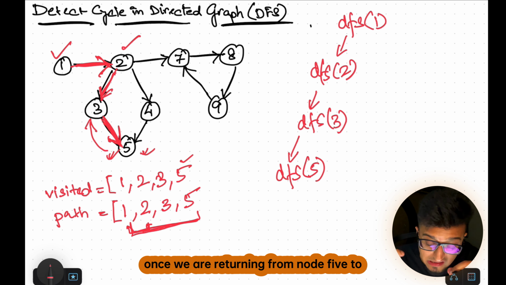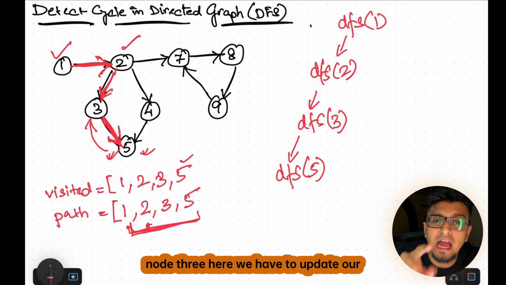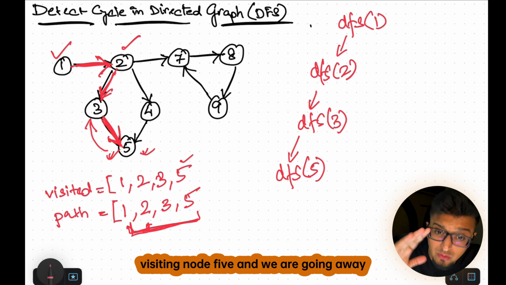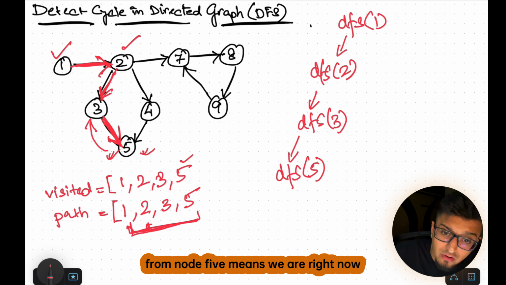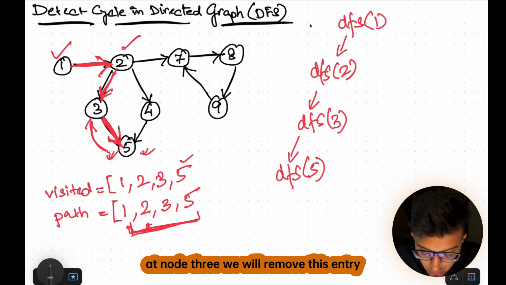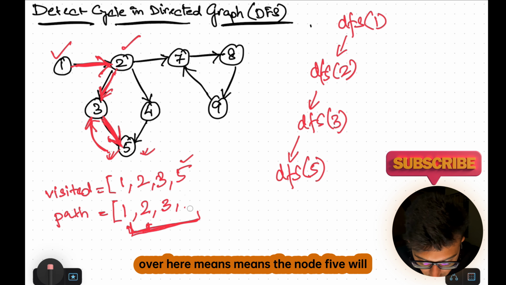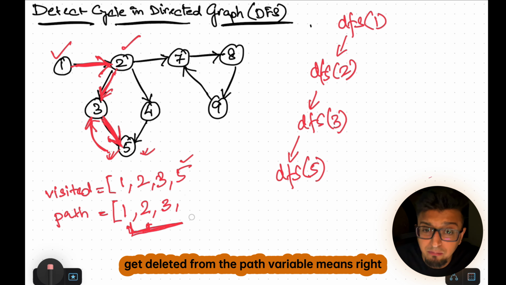Once we are returning from node 5 to node 3, we have to update our path variable. Since we are done with visiting node 5 and we are going away from it, we are right now at node 3, so we will remove this entry. The node 5 will get deleted from the path variable.